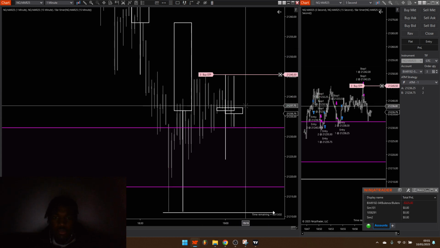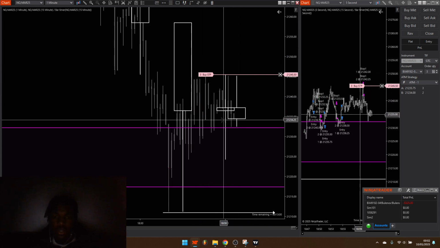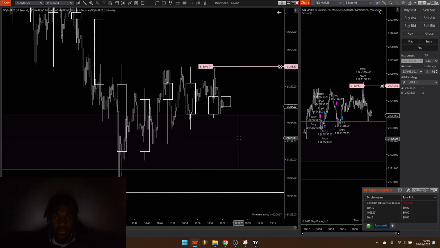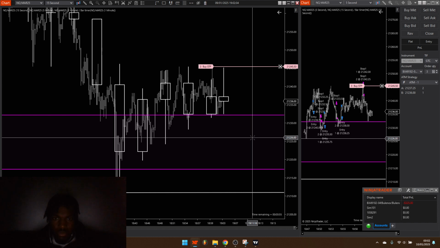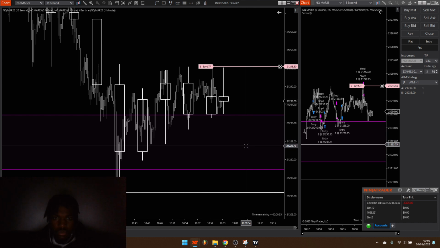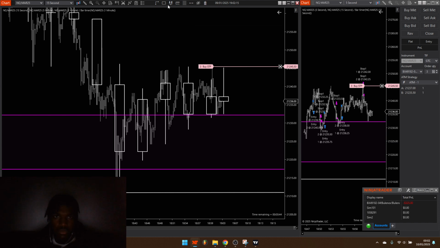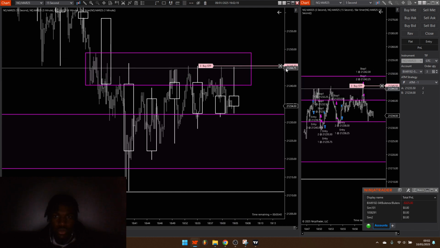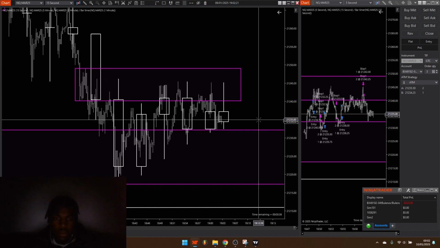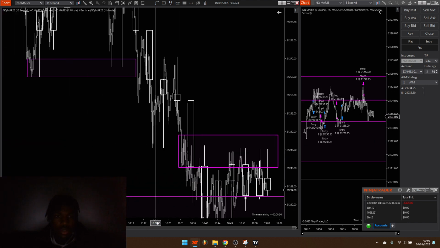I could easily get that 5 points from there in the event that we do go above. But rejecting from this zone, I can make a better decision than that.